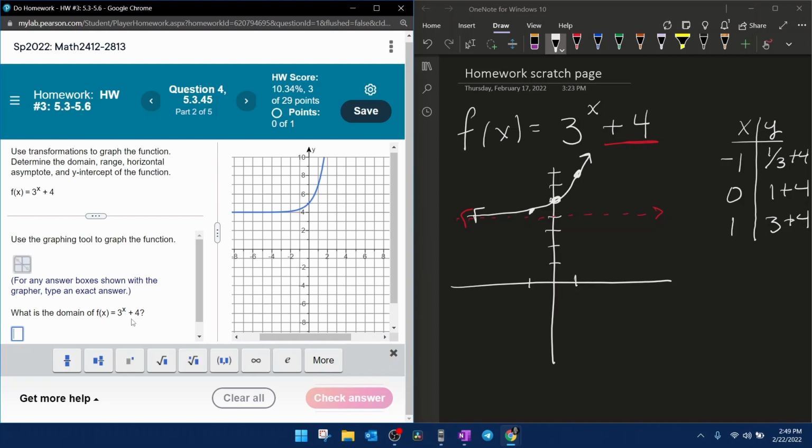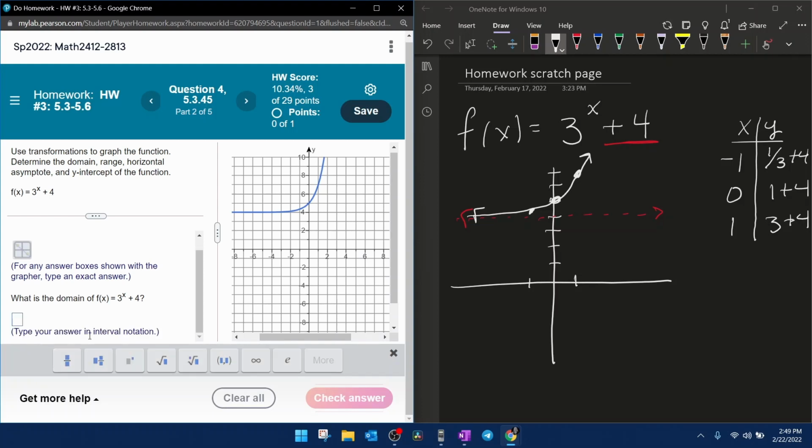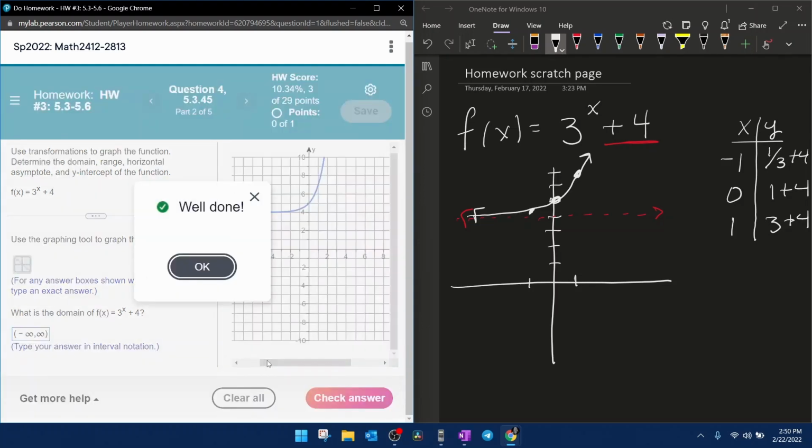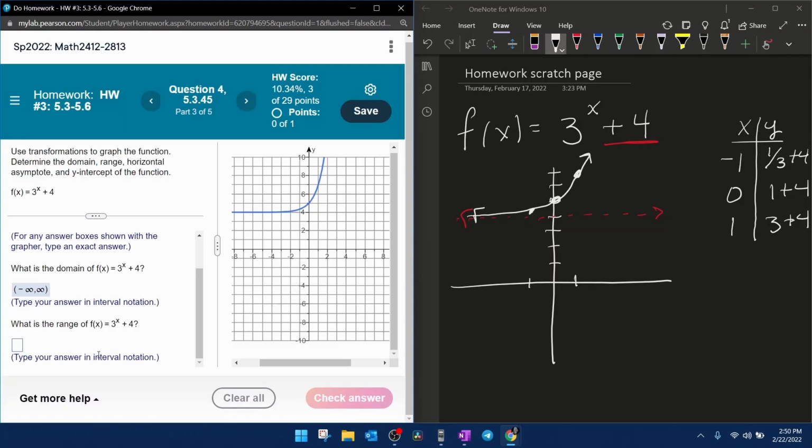Guess what? The domain of any exponential function is always all real numbers. So if they want that in interval notation, all real numbers means everything from -infinity to infinity. The range in interval notation, remember the range is from bottom to top, from the negatives to the positives.